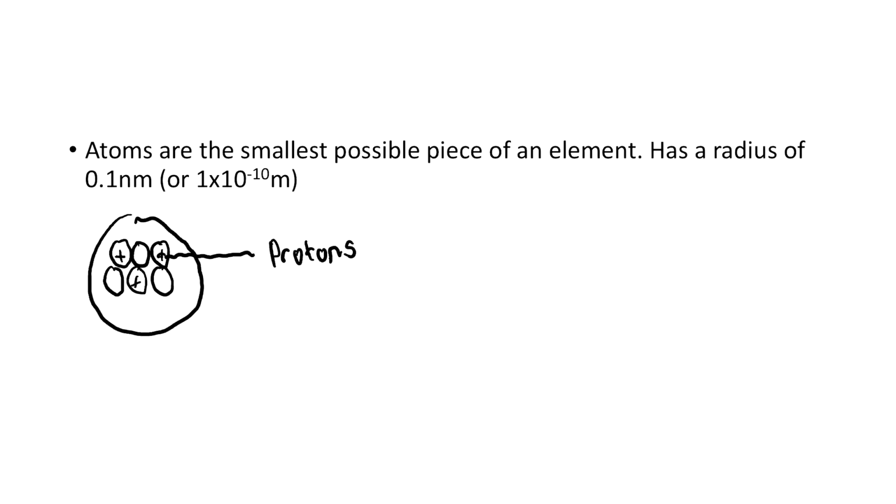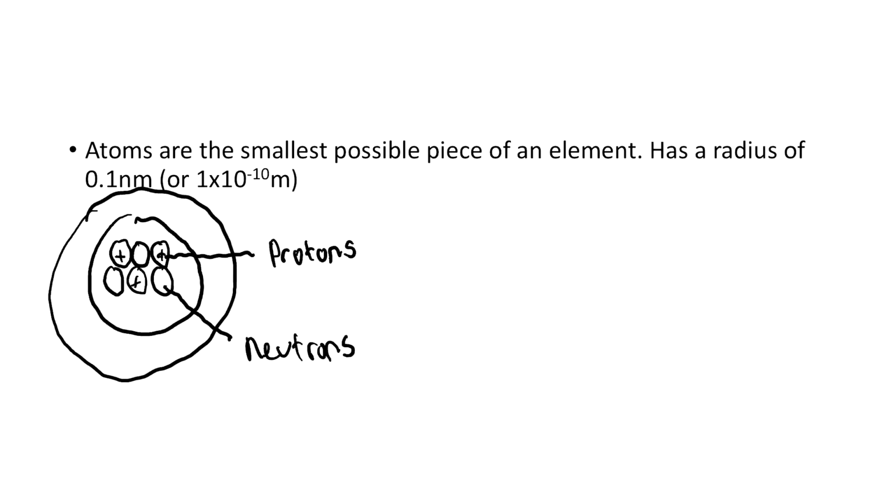And you find some neutral charged subatomic particles and they are called neutrons. And they don't have a charge, so they are neutral. Now orbiting round the outside of the nucleus you have negatively charged particles which are called electrons.